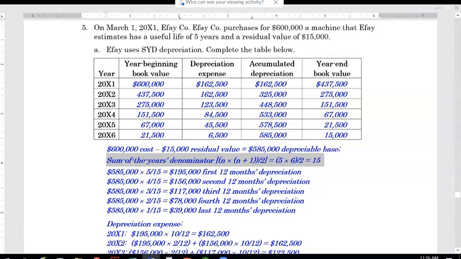So 585, the depreciable base, times 5 out of 15, 4 out of 15, 3 out of 15, 2 out of 15, 1 out of 15. And we got all those dollar amounts.